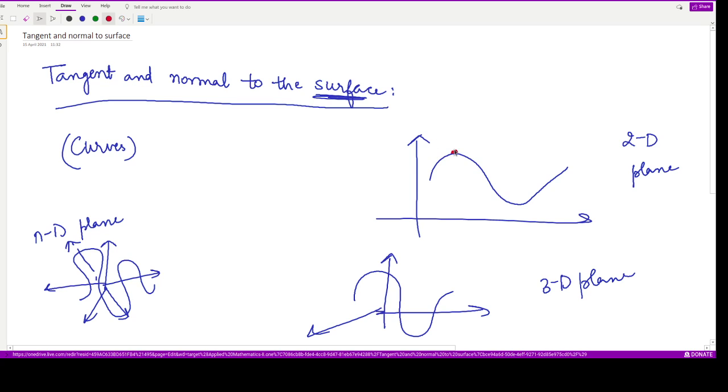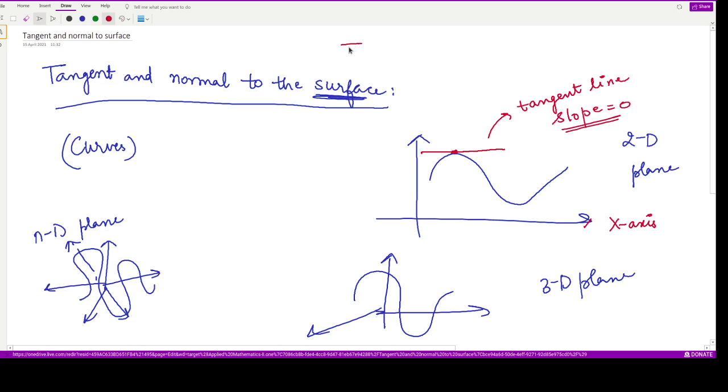So when you draw this line here, it would be a straight line parallel to your x-axis. That means here this tangent line is parallel to the x-axis, and we say it has slope 0.